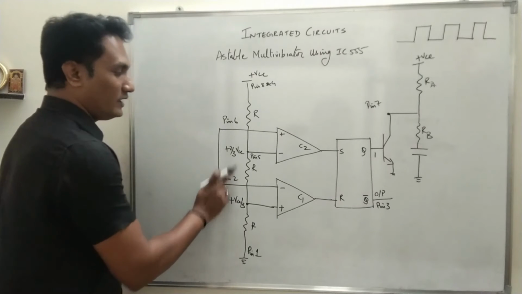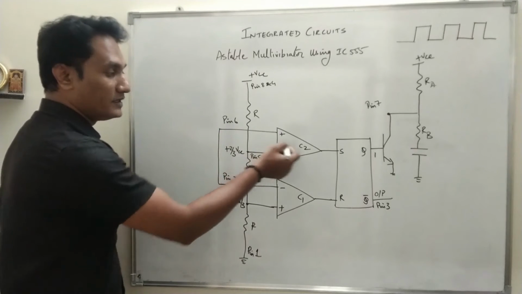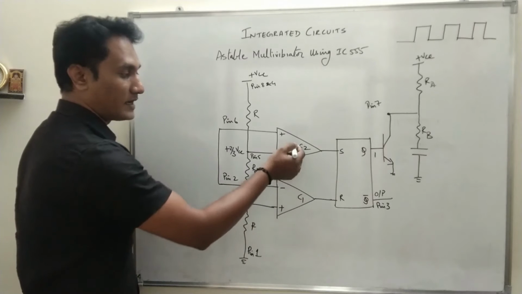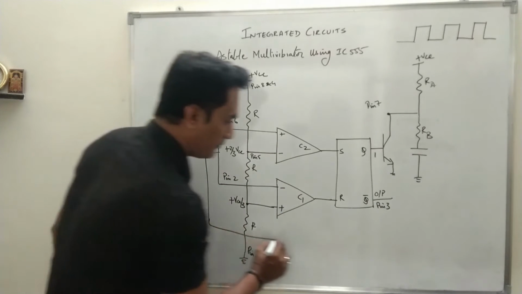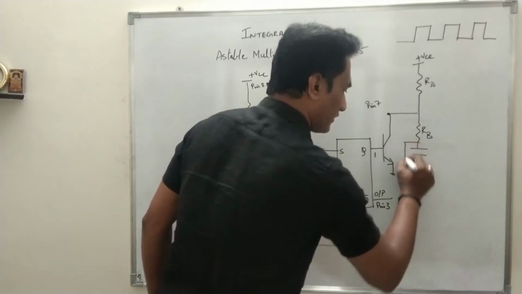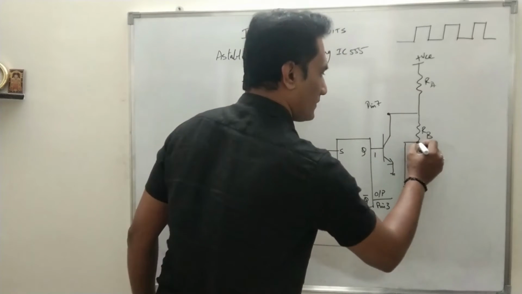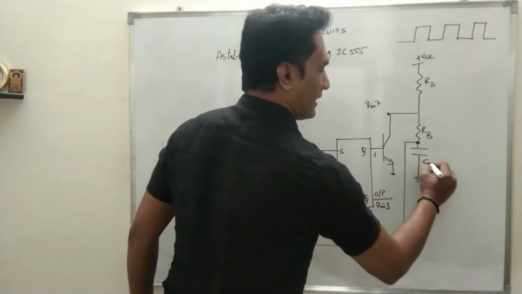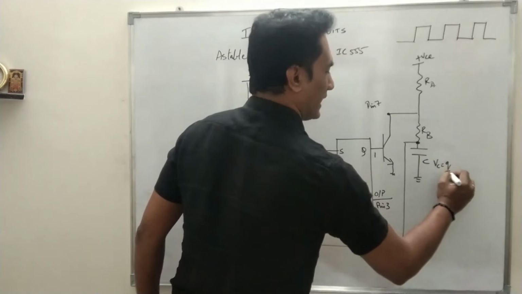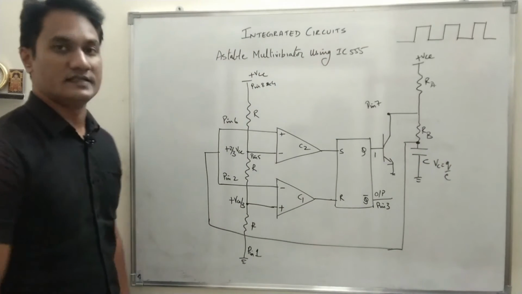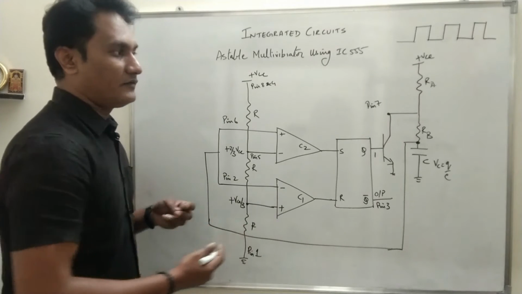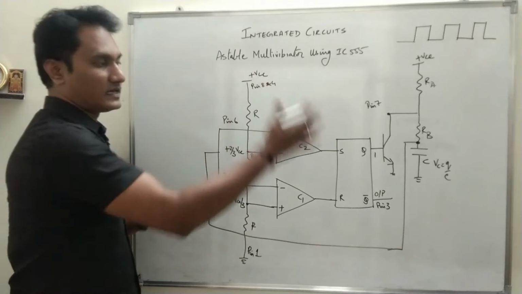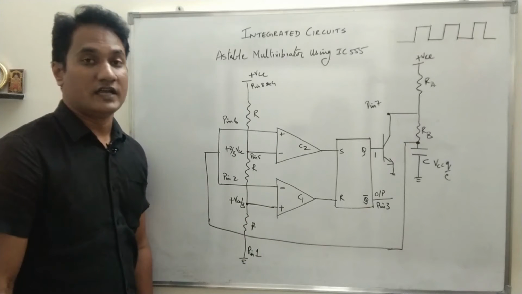Pin number 2 and pin number 6 are the triggering pins for the two comparators, comparator 1 and comparator 2, and this point will be connected across a capacitor whose voltage is given by Q by C.